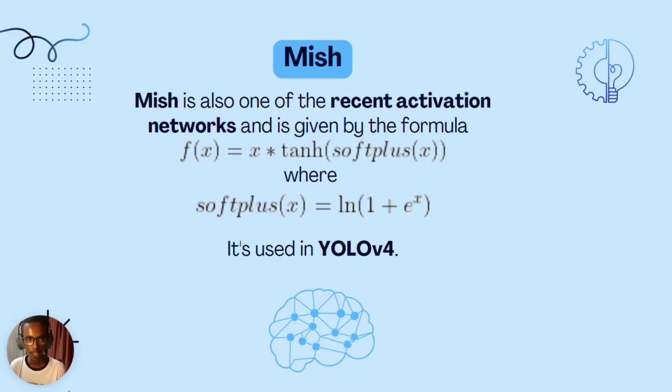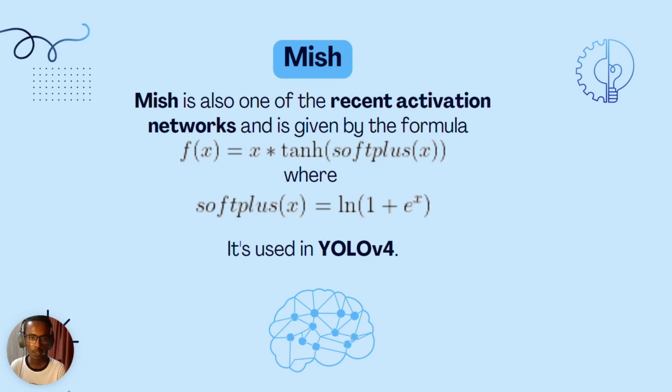So our final activation function, and the most recent one, is the Mish activation function. And it's given by the formula. We apply the softplus function on the input, and we also apply a tanh function on the output from the softplus function, and we multiply the output of the tanh function with the input again and assign it to the function f of x.